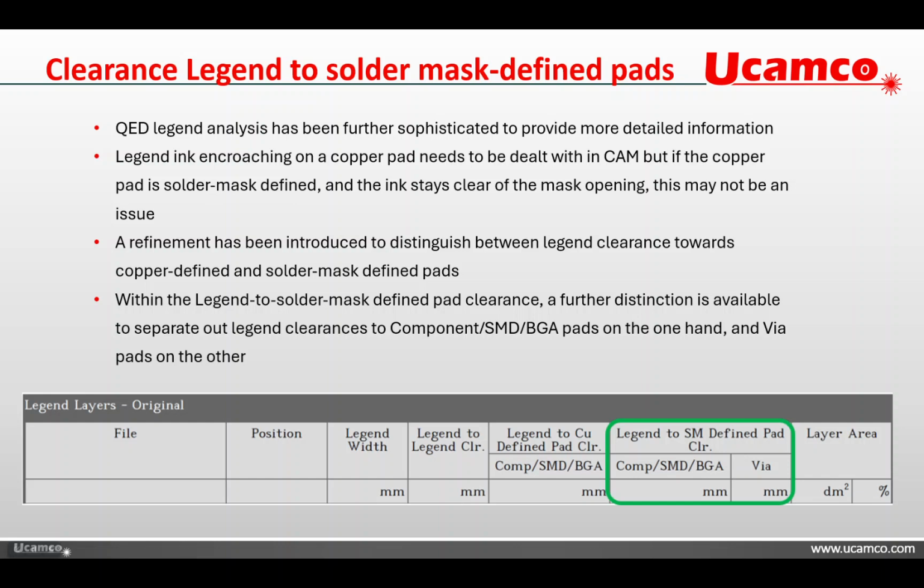Up until now, we were basically always considering the paths on the outer layer as being copper defined. Copper defined paths are paths which are, as the word says, defined by the surface of the copper, compared to solder mask defined paths, where you have a certain size pad in the copper, and then the solder mask on top of it is somehow smaller. So what you see as the exposed surface through the solder mask is actually smaller than the actual copper pad itself. So this has been represented here in this section.